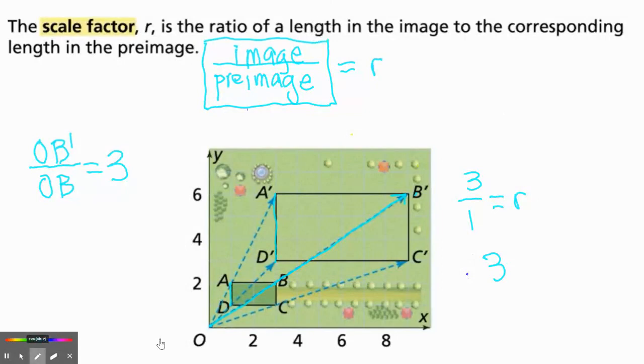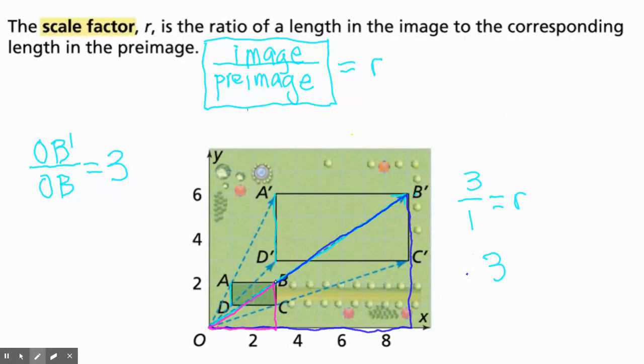So this also means, I'm going to show you something very interesting here. If we can create a triangle here, and then also a smaller triangle here, think about our relationships with triangles.